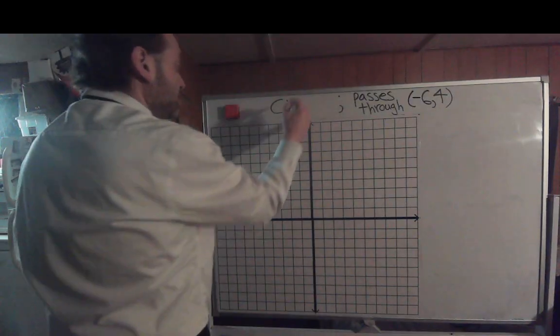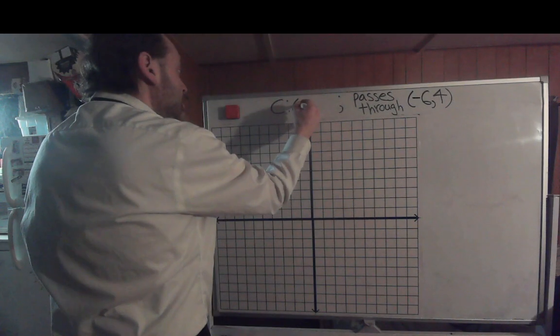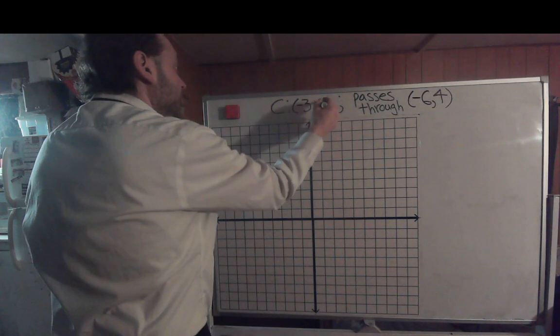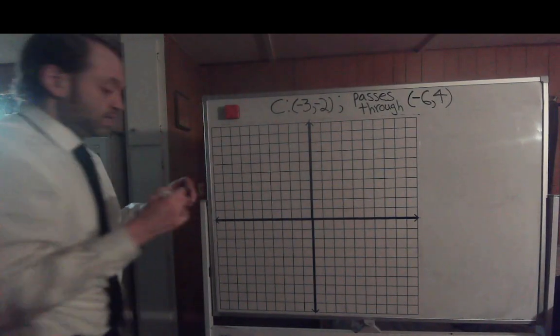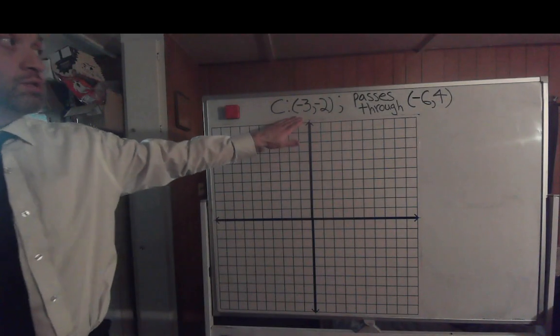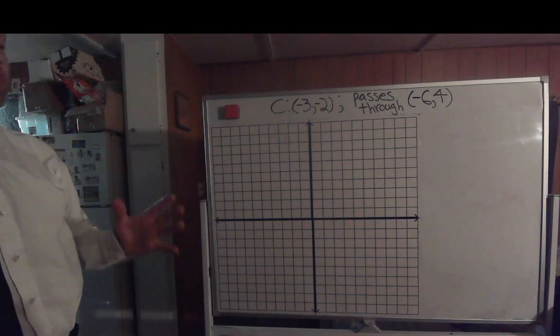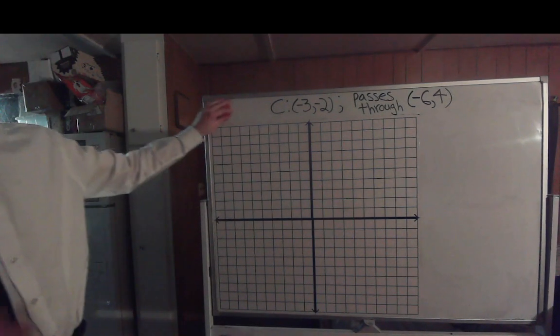Let's make the center -3, -2. Okay. So the center of the circle is at -3, -2, and it passes through the point -6, 4. So we know the center, but we don't know the radius.